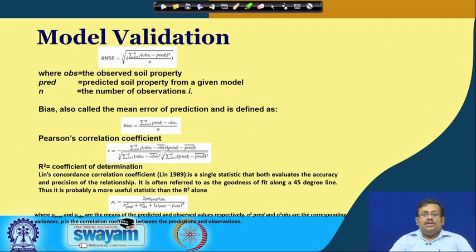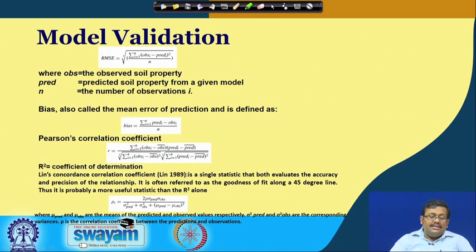We create a model so that it can generalize, or predict a particular property for unknown samples. That is the major use of creating a model. So, once we create a linear model or any other nonlinear model using soil data or soil covariate data, the next step is to ascertain the model accuracy.